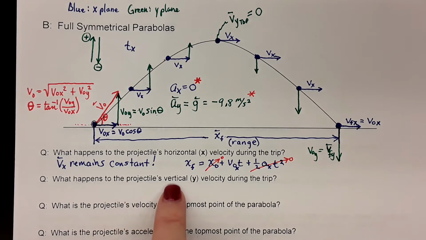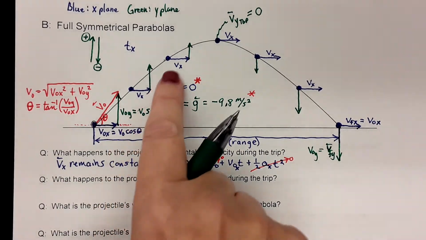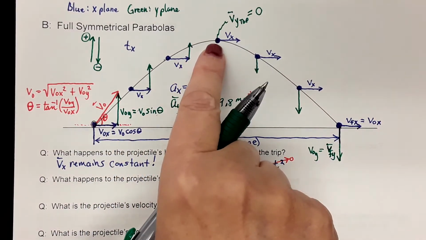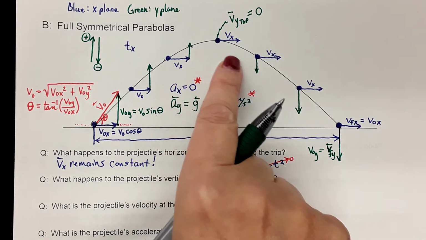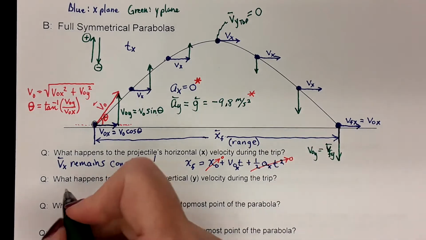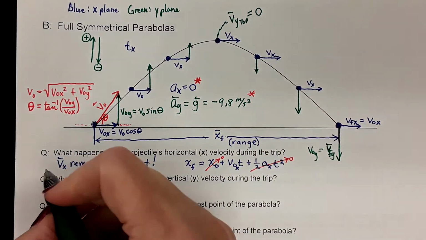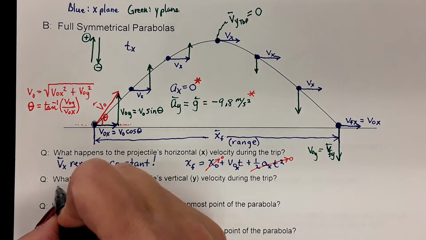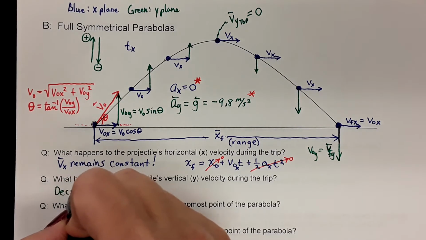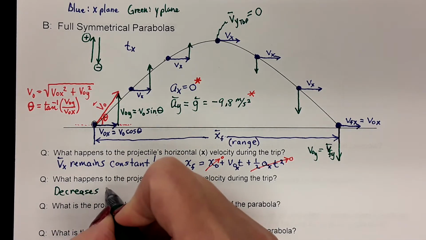What happens to the projectile's vertical or y velocity during the trip? Well, what did we say happens to it? It decreases upward to a stop and then increases on the way down, right? So let's write that. That's all you have to do. You write it exactly as you describe it on the picture. So the vertical velocity decreases.